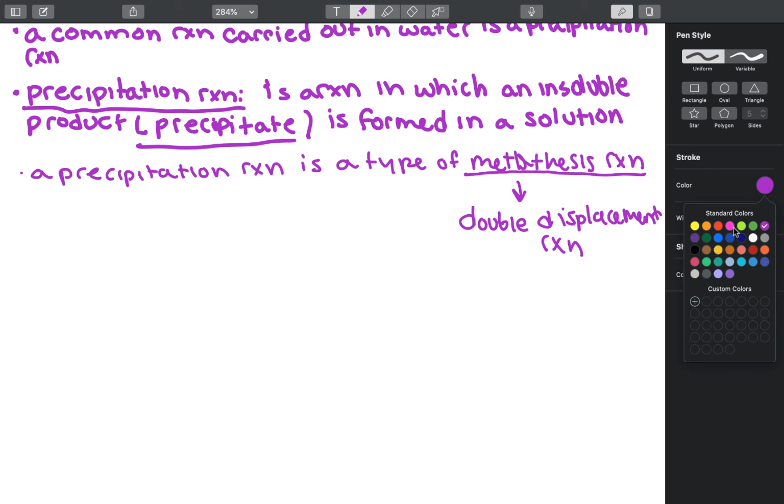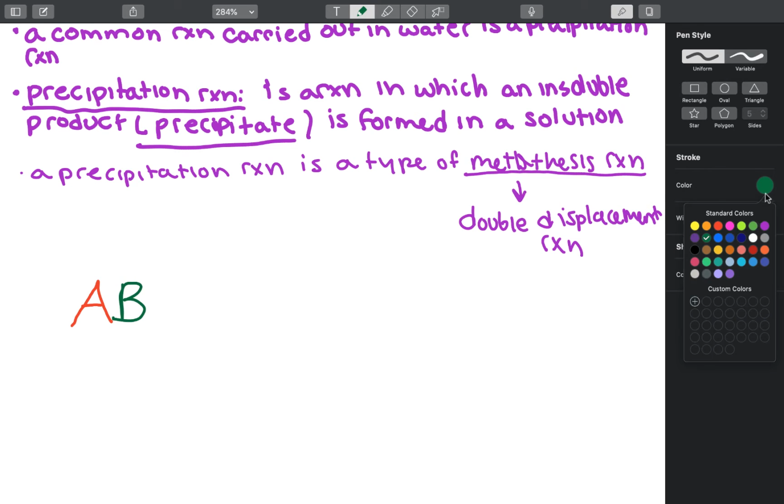So let's draw out what a double displacement reaction or metathesis reaction is. Here I have a reactant with A and B connected together.